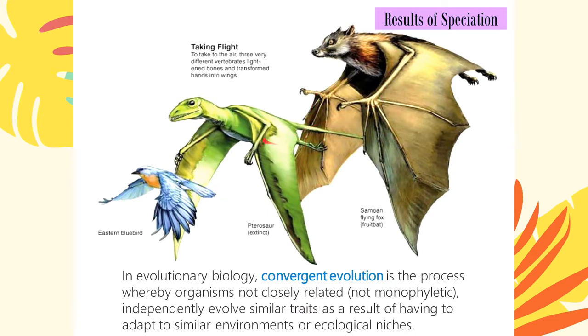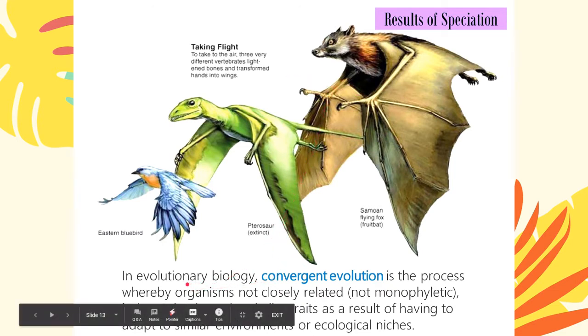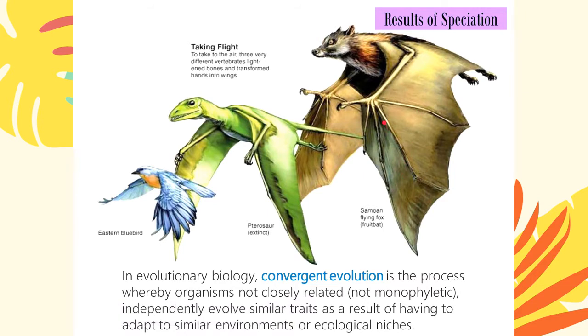But if you notice, they all evolved to have adaptations for flying, right? So even if they belong to different species, they can actually evolve or come together. They can actually show convergent evolution based on their need and based on their adaptations to survive better in their environment, okay?